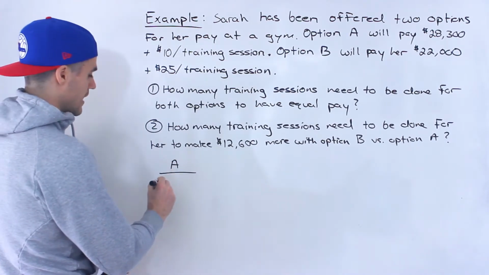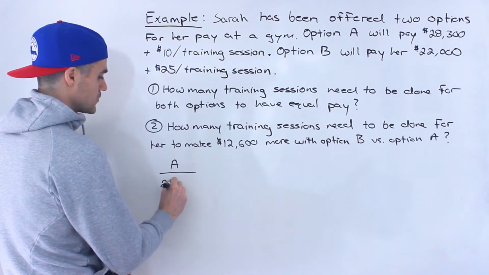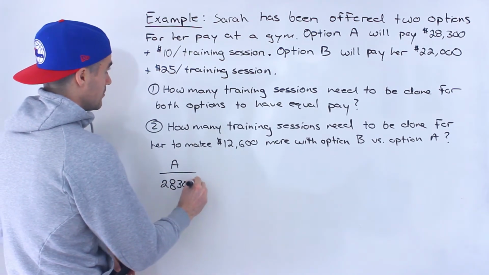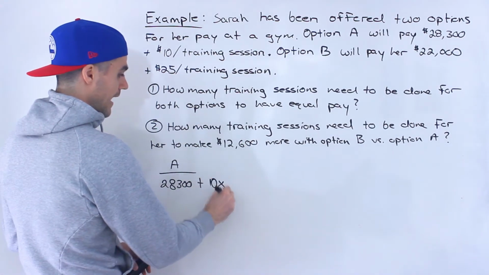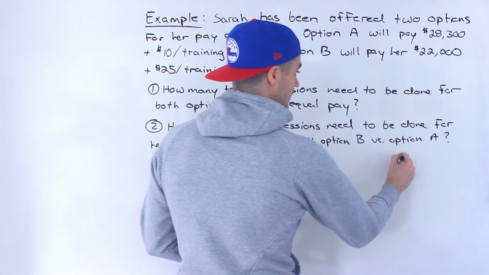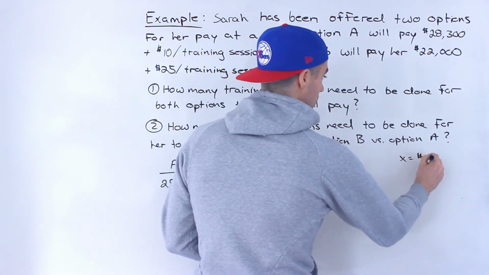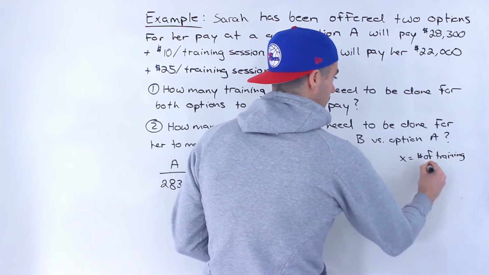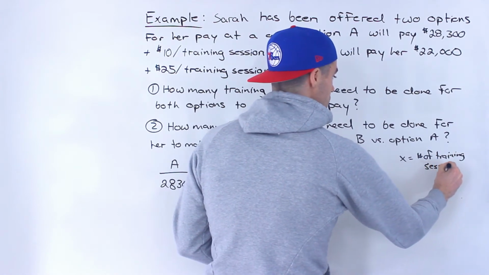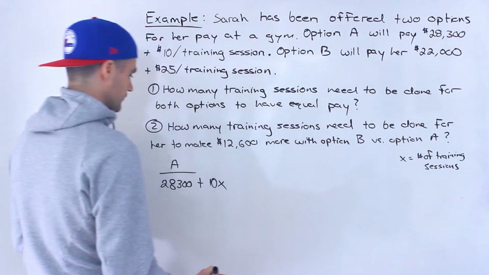So notice option A, her pay would be $28,300 plus $10 per training session, so let's let that be 10x. We're going to let x equal the number of training sessions. That's essentially what we've got to solve for in both questions, so that's going to be the variable.